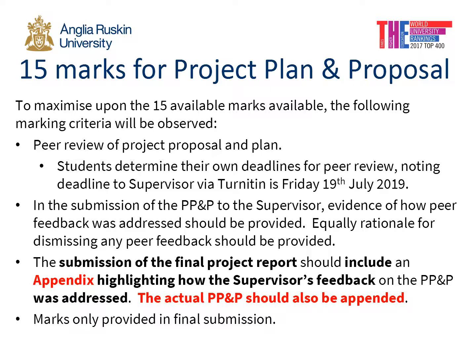One is an appendix highlighting how the supervisor's feedback on your project proposal and plan was addressed, or indeed why some feedback might have been dismissed. And you should also append the actual project plan and proposal that you submitted to your supervisor.